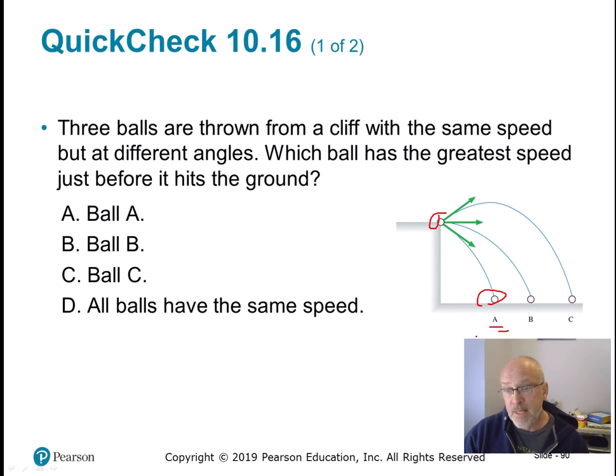Well, you might think that this one has to go higher, so it would be moving faster when it got to the bottom. This one dropped. It didn't have as much time to get there.